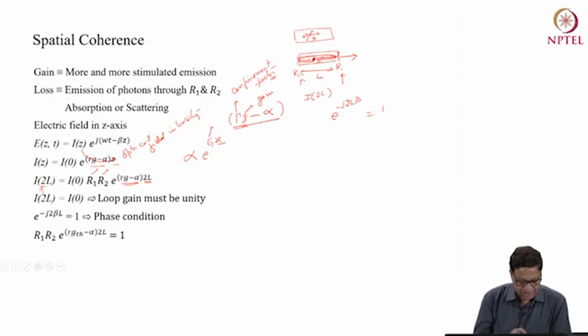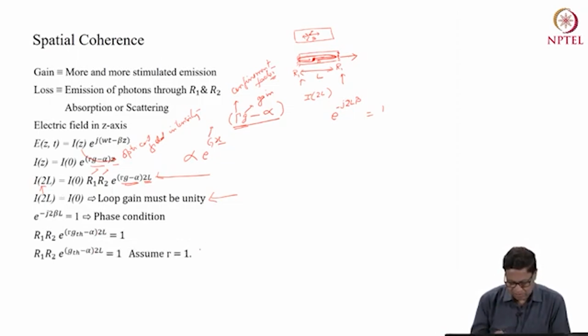So if I use one condition, that is I(2L) is equal to I0, and put it in this equation here, I get R1 into R2 e raised to the power Γ g_th. This is the threshold gain, because this is the gain which I require for oscillation. So this g becomes g threshold, minus the loss, into 2L is equal to 1.